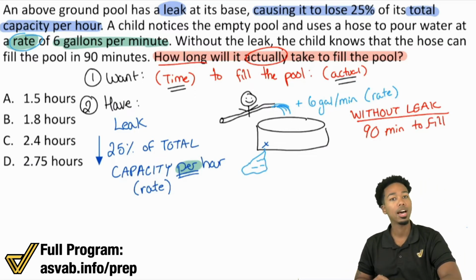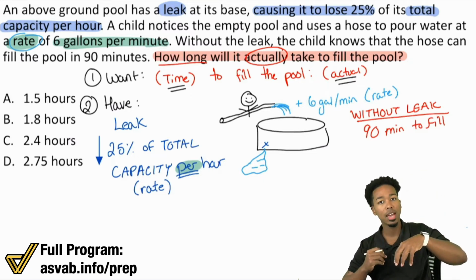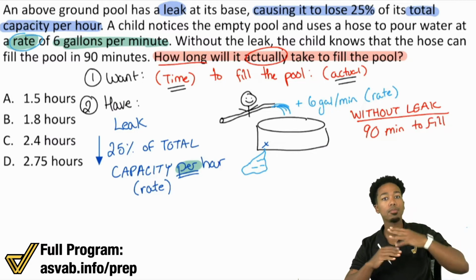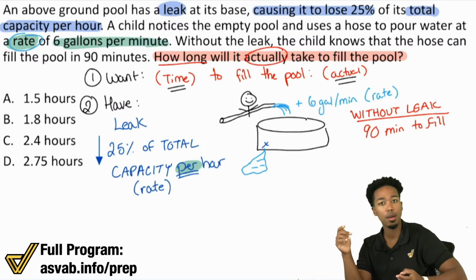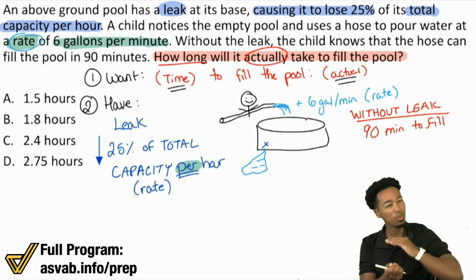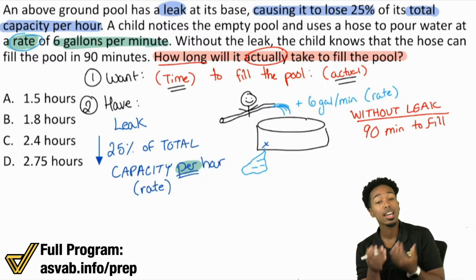So the rate going in minus the rate coming out is the net water going in, because there will be water pouring out with the leak. But it's possible, which it is in this problem, that the water coming in is more than the water going out. So it will fill up eventually, but we need to figure out what that rate is. And the way to figure it out is to subtract the rates.